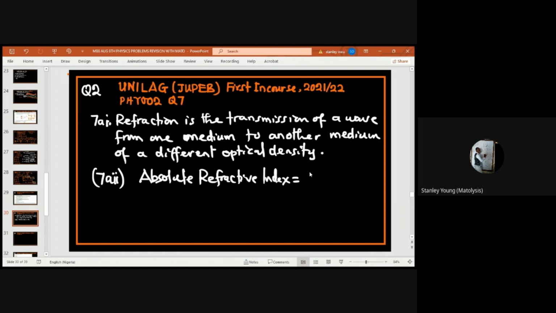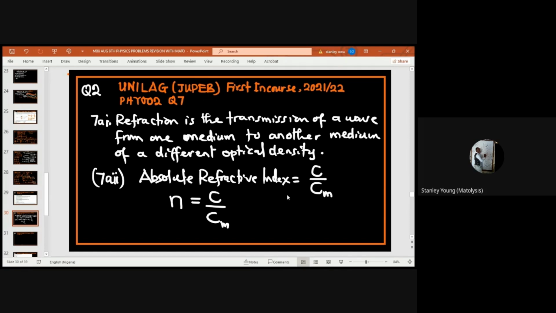Absolute refractive index is equal to what? Speed of light in vacuum over speed of light in a medium. You can write it out fully. This is number n, the absolute refractive index, n equals C over Cm. This C means speed of light in vacuum, while C subscript M means speed of sound.